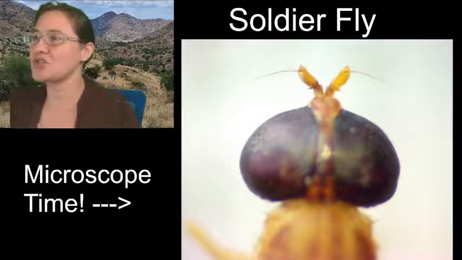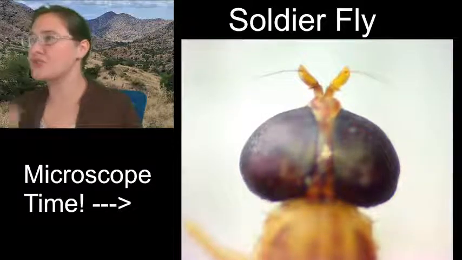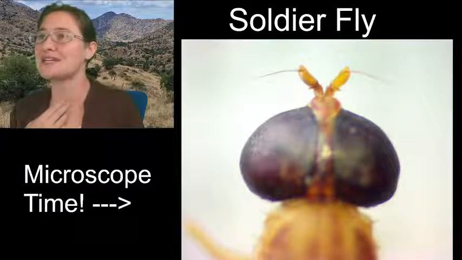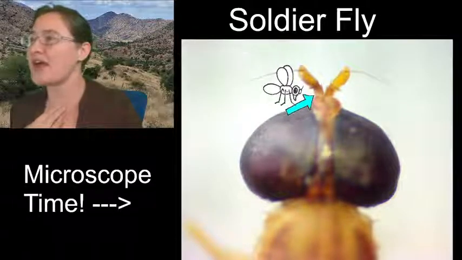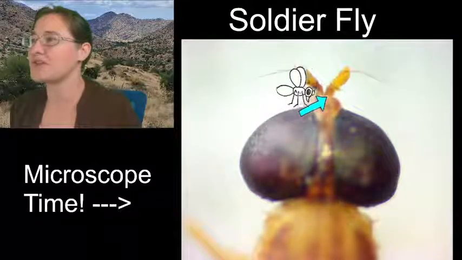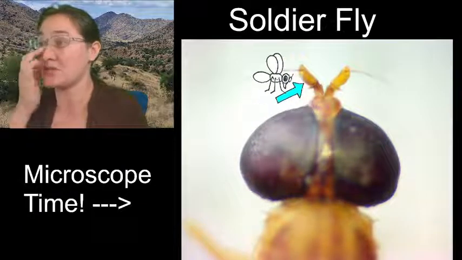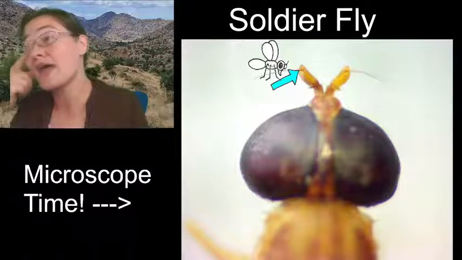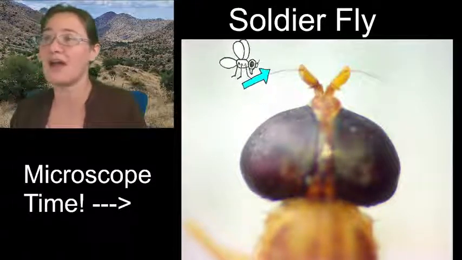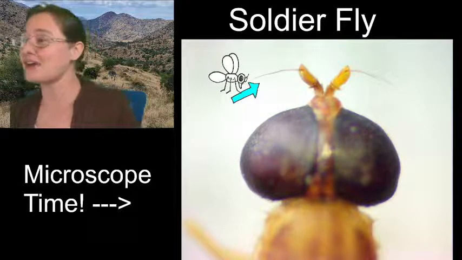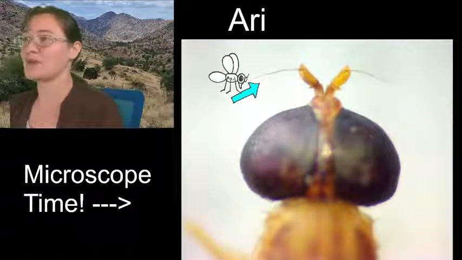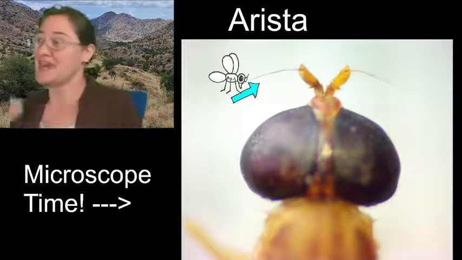All right, so soldier fly antenna are three-segmented, meaning they've got three segments from here to here, right? So we're seeing an antennal base, segments 1, 2, and then 3, and then on the end of the third segment you have this hair, and that hair has a name. It's called the arista.